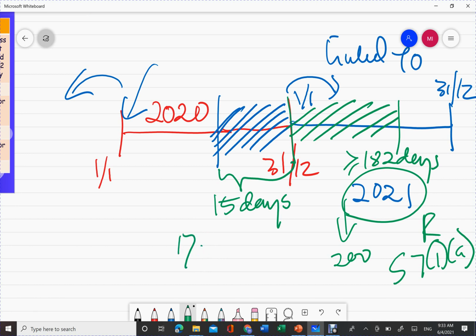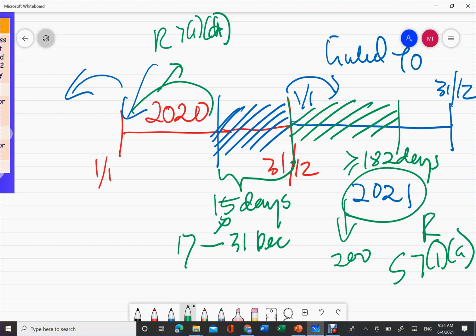So 15 days in Malaysia. So year 2020 cannot be resident under section 71A because it does not reach the minimum 182 days, but they can be a resident under section 71B. The condition is that the year in question must have presence in Malaysia but less than 182 days.